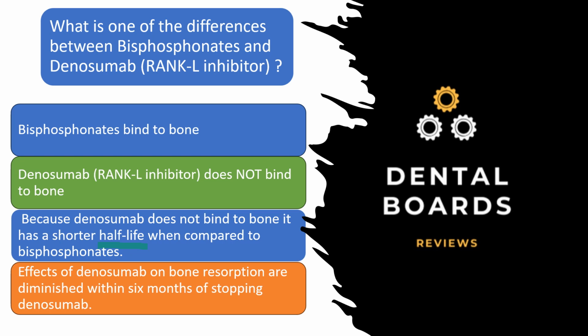Effects of denosumab on bone resorption are diminished within 6 months of stopping it. So if somebody is getting close to 6 months, most of that denosumab is being eliminated out of the body.